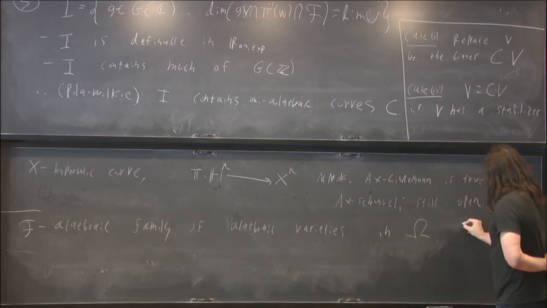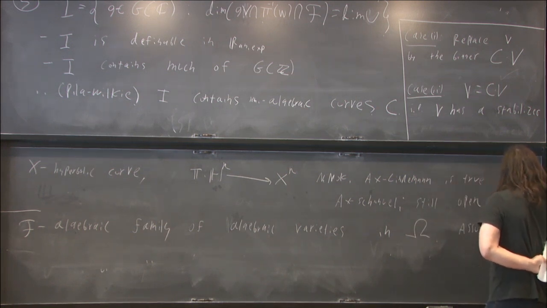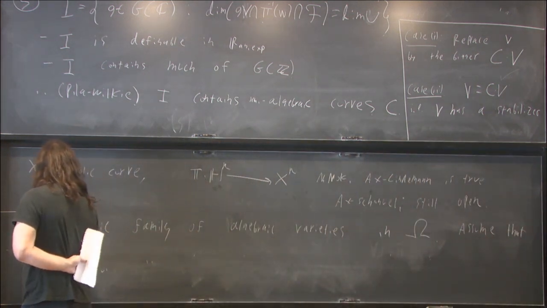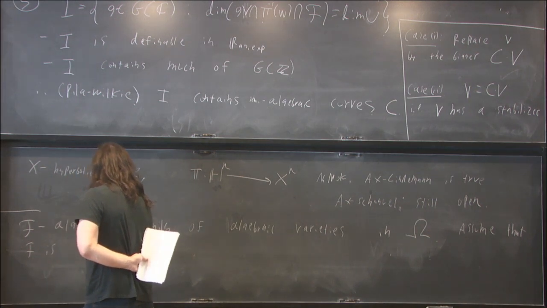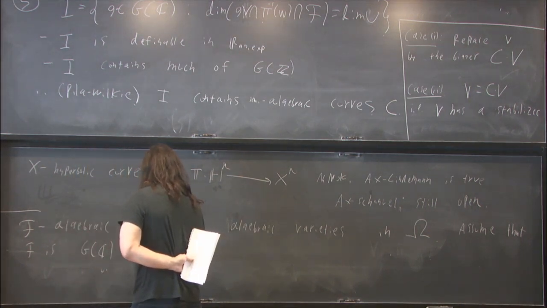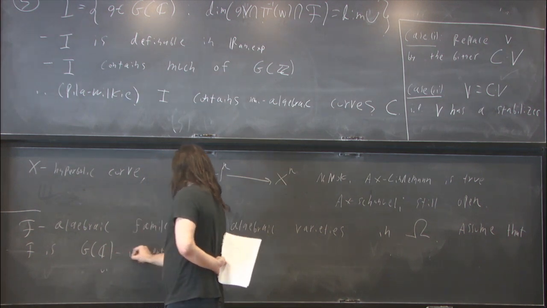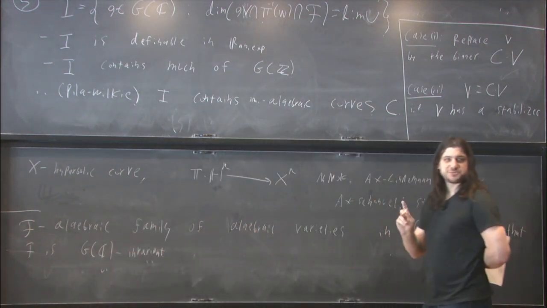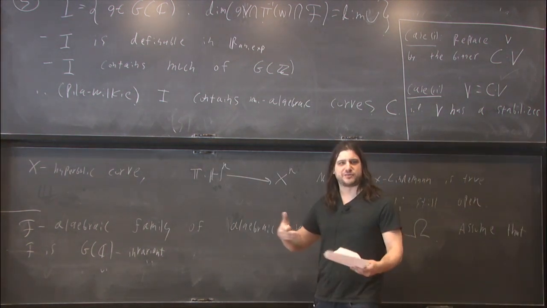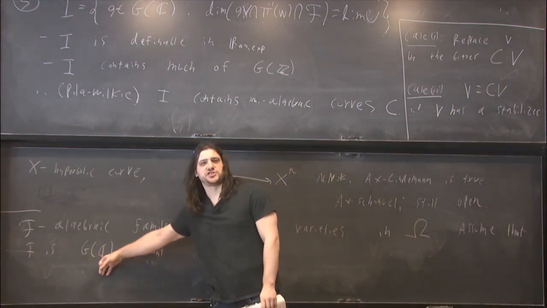And now we're going to assume that F is G_C invariant as a family, not each algebraic variety individually. So in particular, one easy way to build this is to take your favorite algebraic variety and just look at its G_C translates.